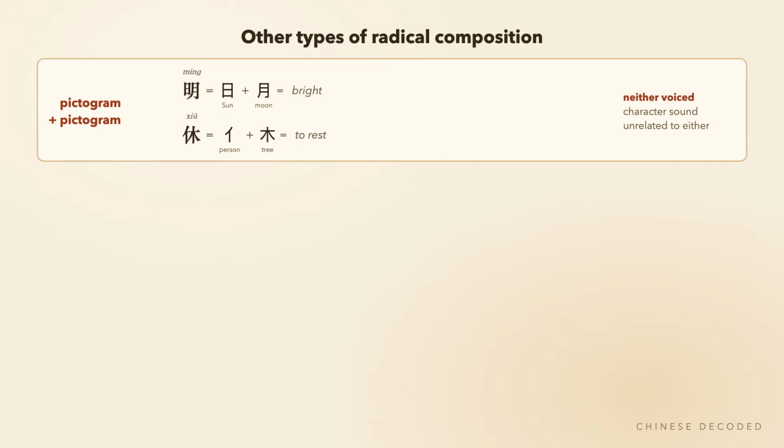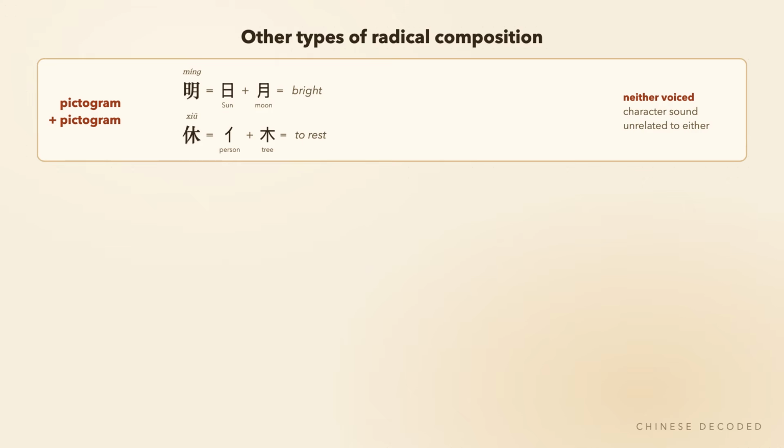Pictogram radicals stand for concrete objects, and composing an object with another object only occasionally lands on a useful meaning. Composing an abstract concept with a concrete domain, on the other hand, is the productive mechanism. And this is why characters built from an abstract radical plus a pictogram radical are the case that dominates.